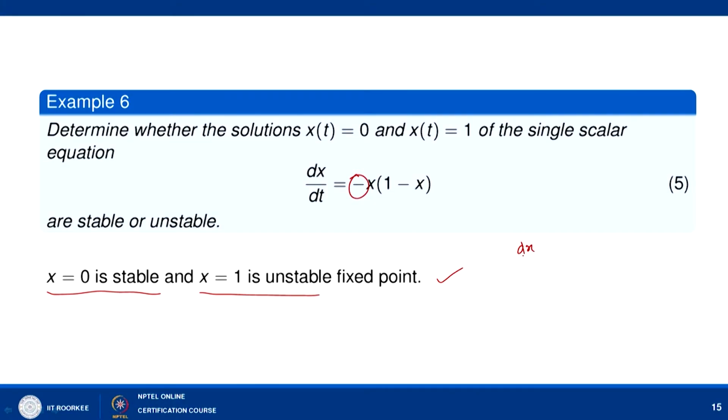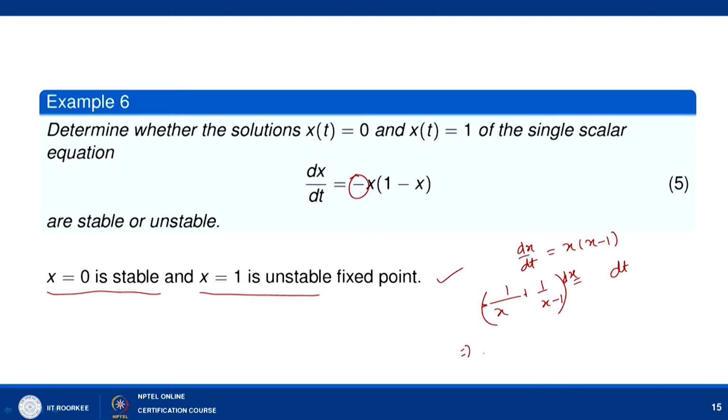I can write dx by dt equal to x into x minus 1. So, I can write this as 1 upon x, x minus 1 dx equal to dt. Splitting into partial fractions, minus here and plus here. Is it okay?